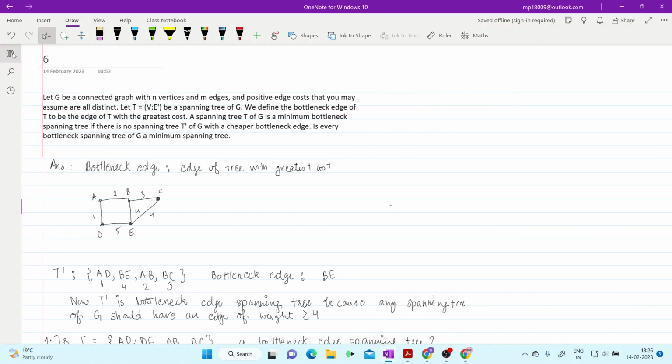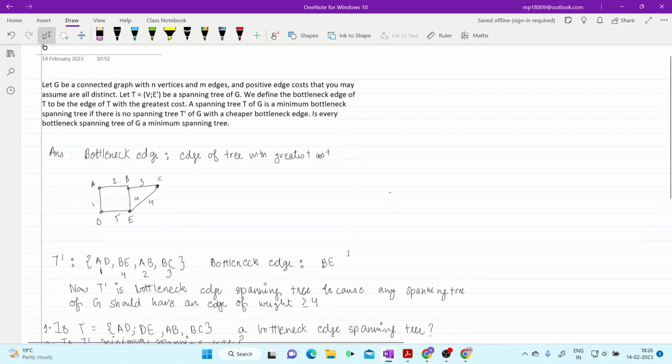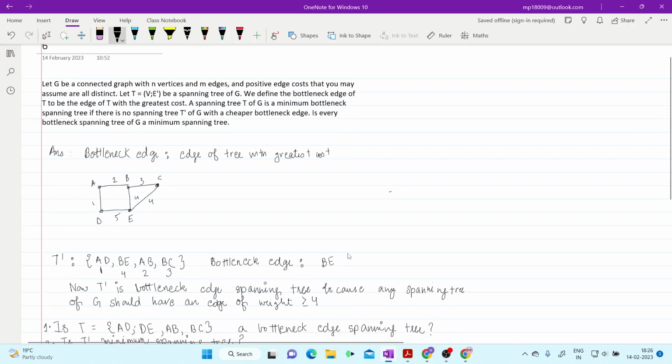Okay, so now there's another question. First of all, we are given a connected graph with n vertices and m edges and positive edge cost. So basically all edges have positive cost. We are also assuming that all these costs are distinct.